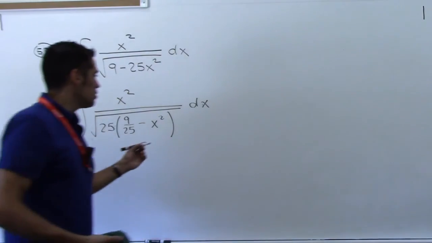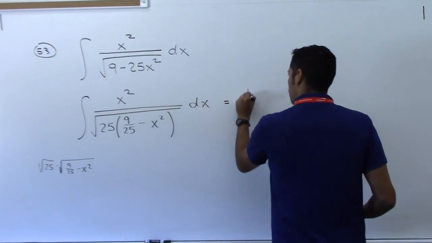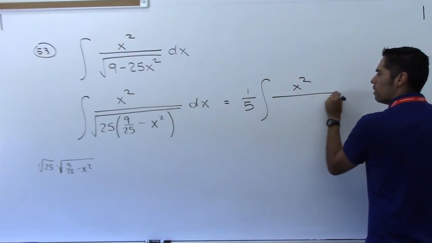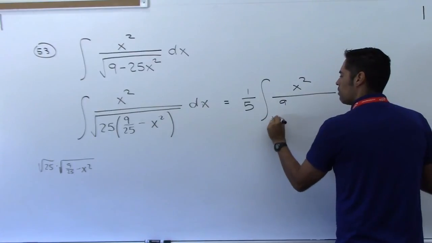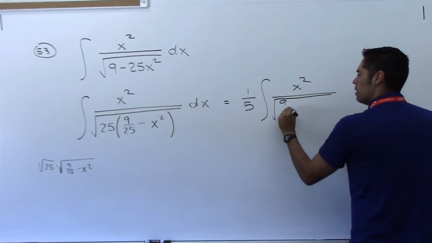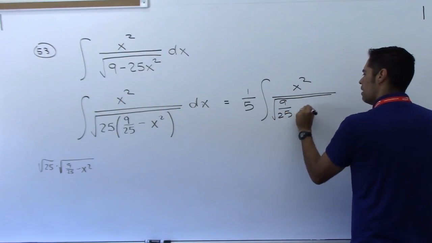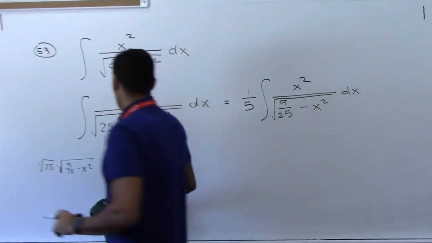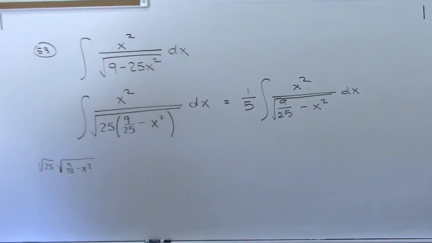So now what my integral looks like is this. 1/5 integral x squared over square root of 9/25 minus x squared dx. Do y'all follow that? No questions? You sure? Okay, so now at this point I can use the formula.